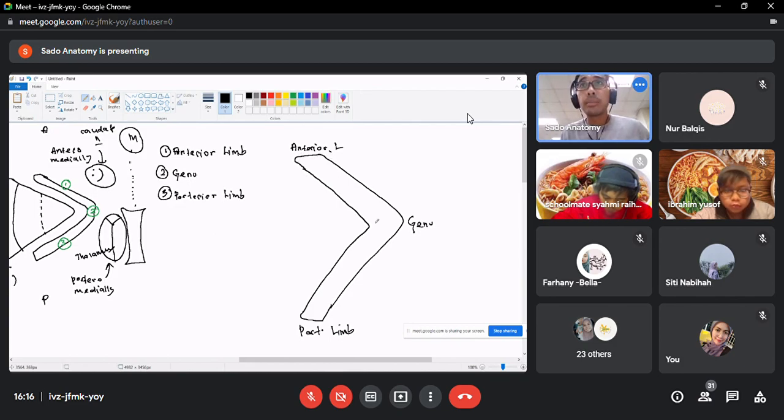And this anterior limb, you can divide into three parts over here. I put green color to indicate one track passing through this region.